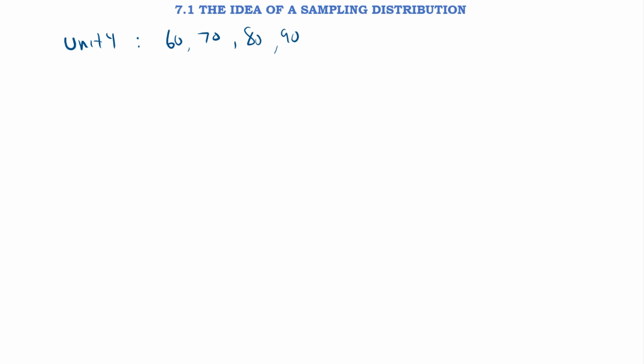Again, to make a dot plot, go ahead and label it. So to make a dot plot, let's say we have our setup here. We have a bar, and then we'll just do it in tens. We'll say we got 60, 70, 80, and 90, right?